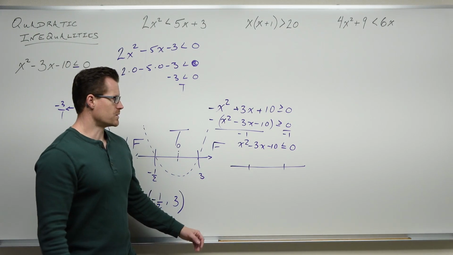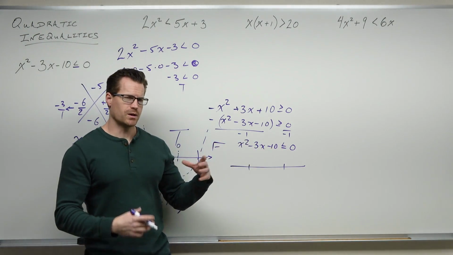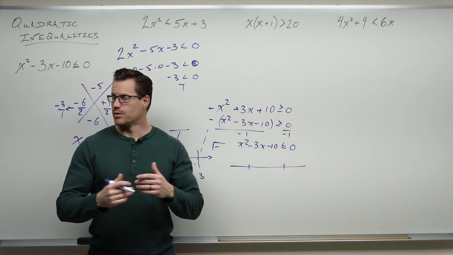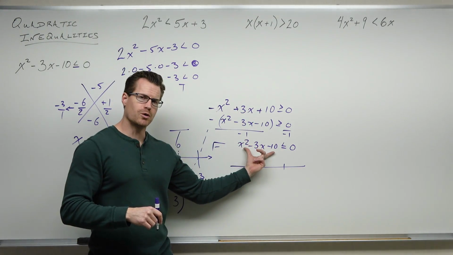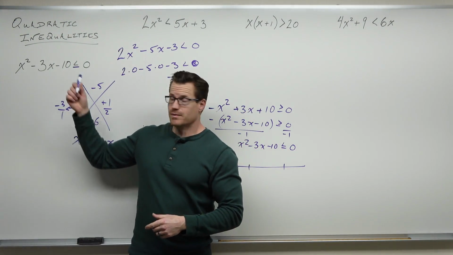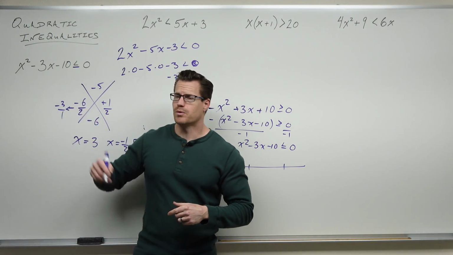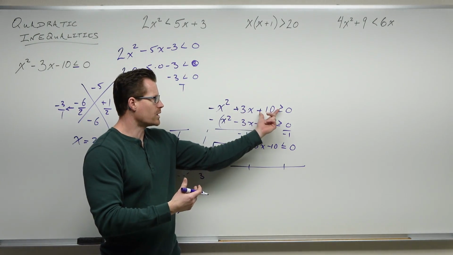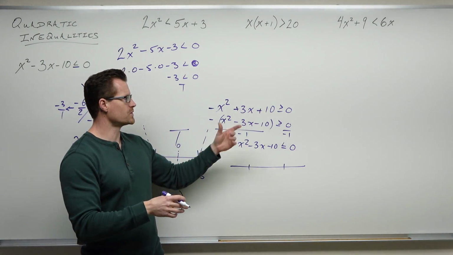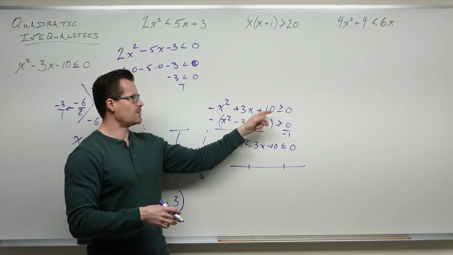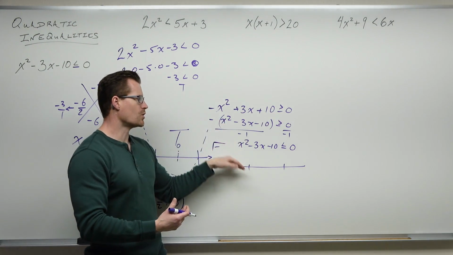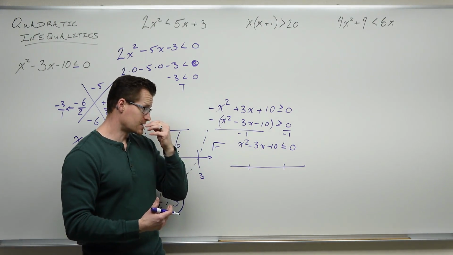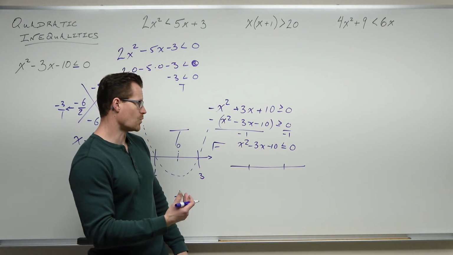And what I'm trying to show you here is that regardless of how we approach this problem, the interval is going to be the same. We just made that problem out of that one. So even though that's an upward opening parabola, that's a downward opening parabola, and that's an upward, and we have this 0, one's greater than 0, one's less than 0. This sort of proves to you that a downward opening parabola above the x-axis is going to have the same interval as the upward opening parabola below the x-axis. You'd solve it practically the same way.